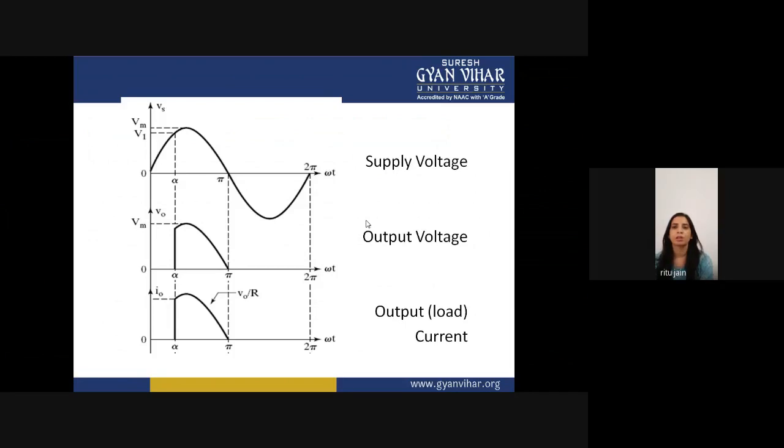So you can write it as Vs. Vs is your input voltage, Vm is your maximum voltage, and V1 is the voltage at which you give the gate pulse to the SCR. We have already discussed what an SCR is, how it can control your output voltage, and what the different terminals it has.